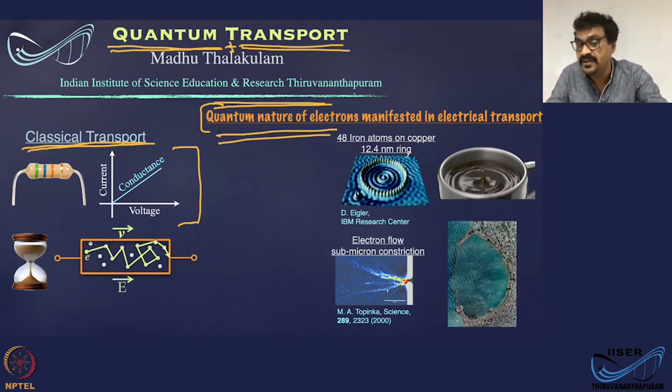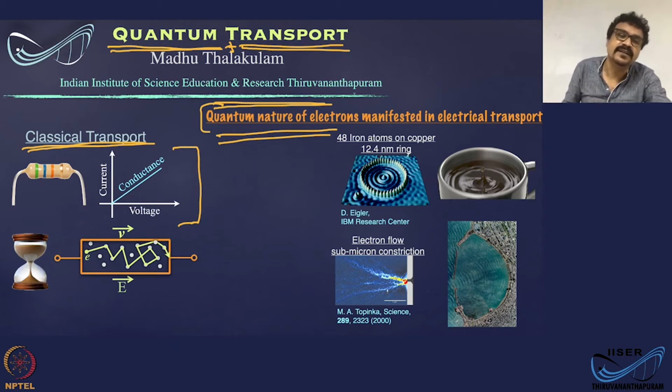It could be strain in the material or as a function of the intensity of electromagnetic radiations on the material. These are all transport studies. Okay, but now when we observe the quantum mechanical or wave nature of electrons in transport, then we say we are in the regime of quantum transport.